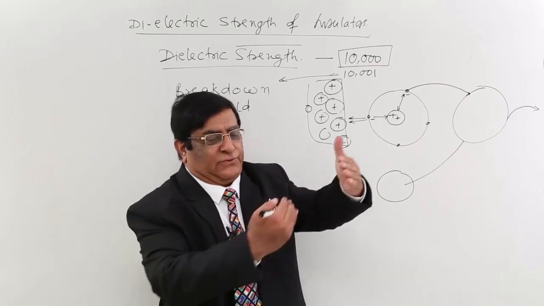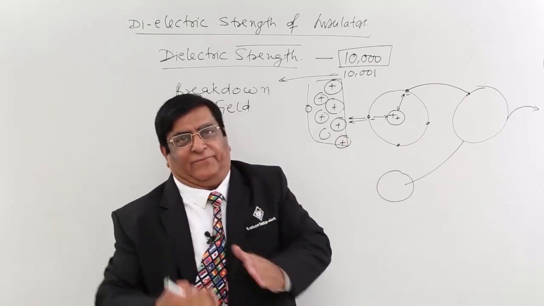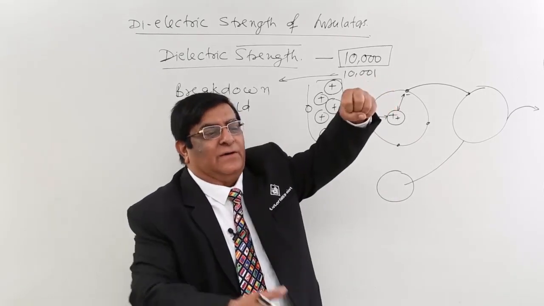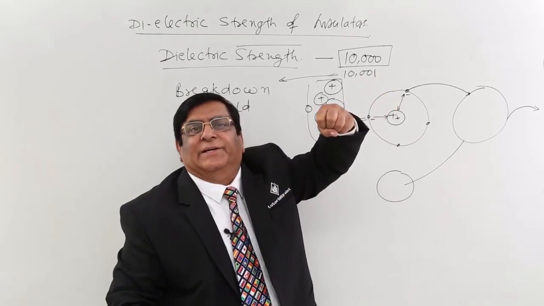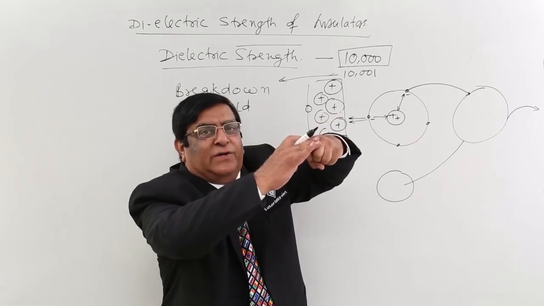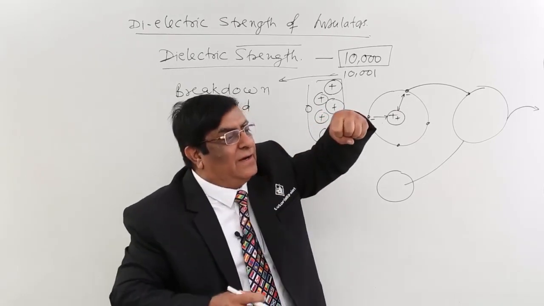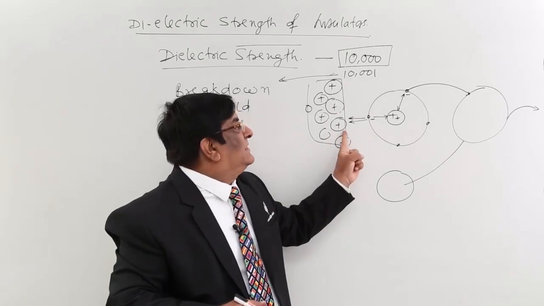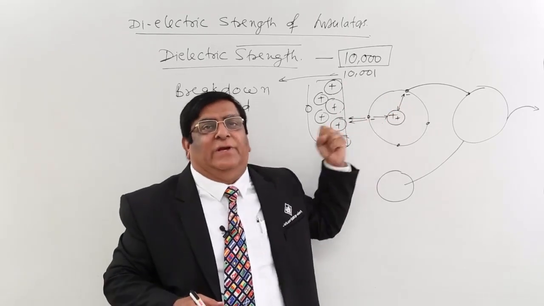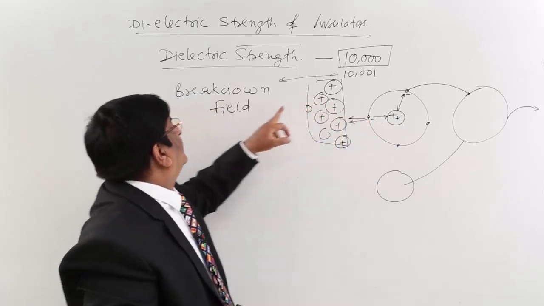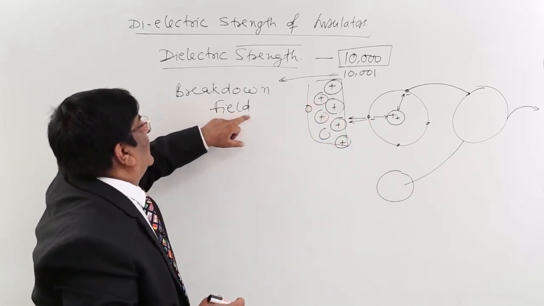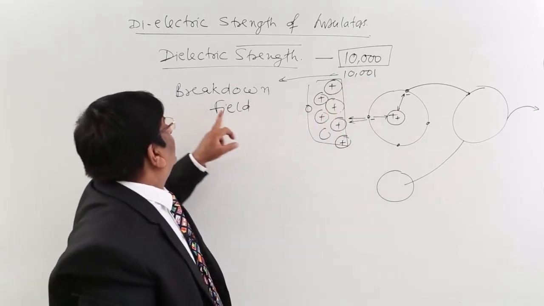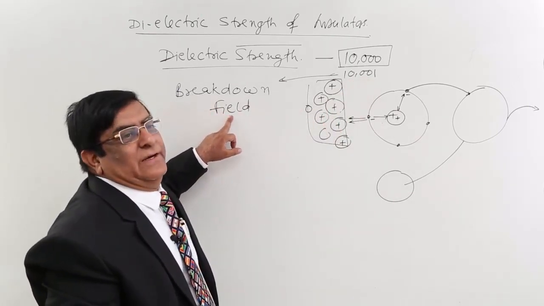There are two types of forces. One is the contact force, where you make contact and apply force. The other is field force. Leave a ball here, and the earth will pull it down without coming in contact. That is field force, and electric charges also apply field force. That is why we use the word field for the force, and this 10,001 is known as the breakdown field.